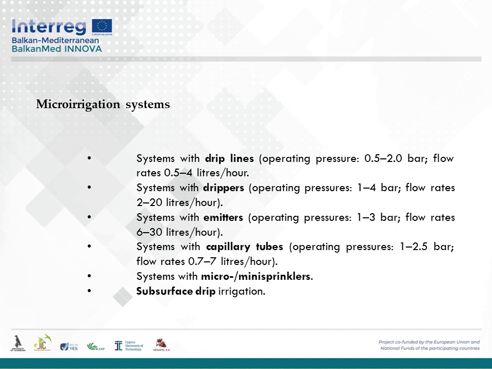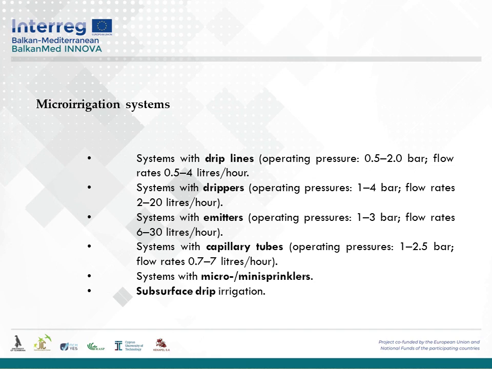And meantime, the operating pressure overall is very low compared to previous sprinkler irrigation systems, and it ranges from 0.5 to mostly 3 or 4 bars. Really very low pressure, which makes one of the advantages of the micro irrigation systems.